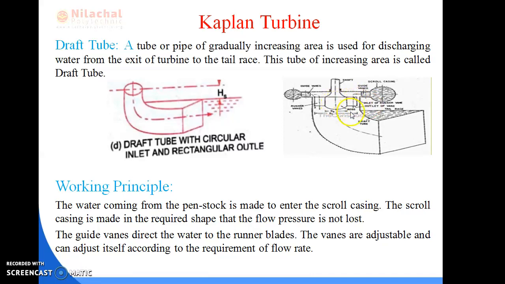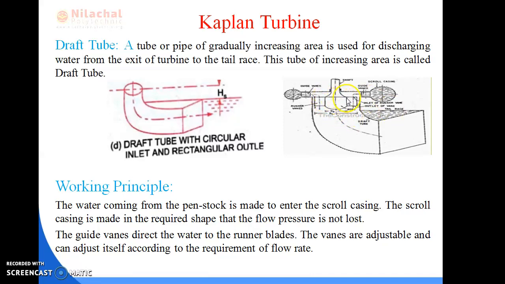So what is the amount of flow area? What is the discharge of water at the inlet? We have to draw a circle by the outer side of the blade, then we get the diameter of the runner, and there is a diameter of boss.